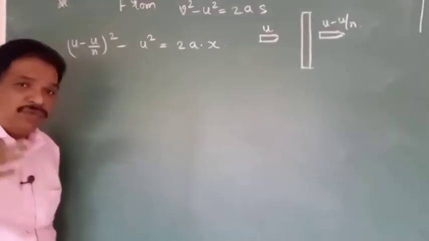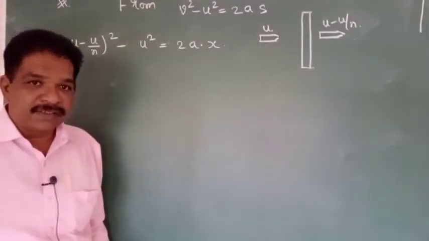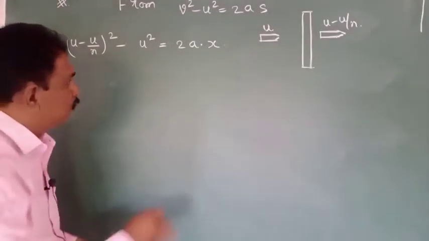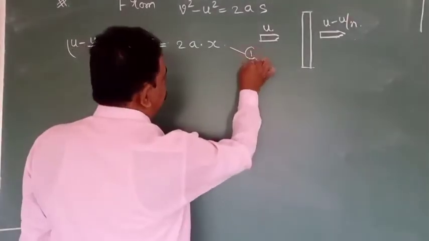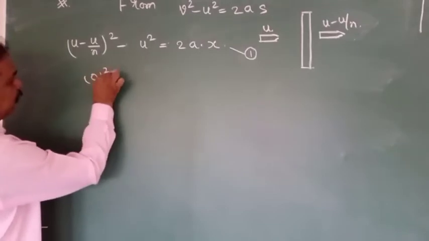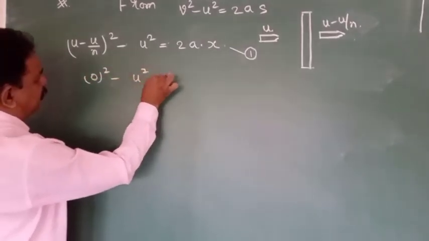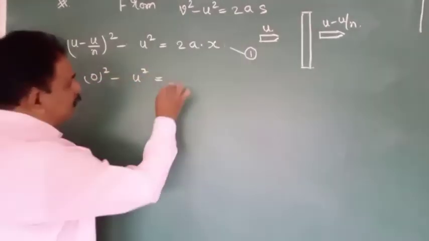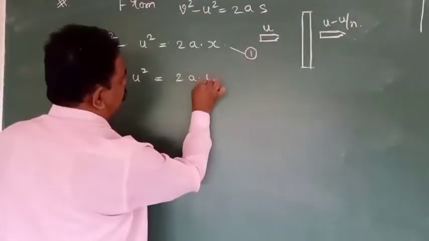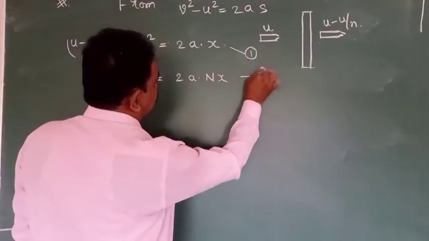Now we used capital N planks so that the bullet came to rest. Let the previous one be equation 1. So final velocity 0, initial velocity u: 0 minus u square is equal to 2a into Nx.